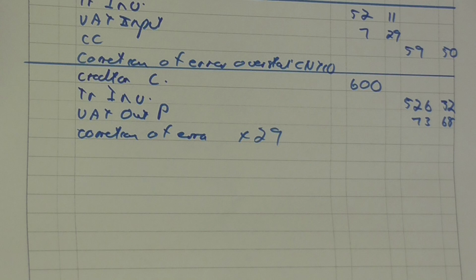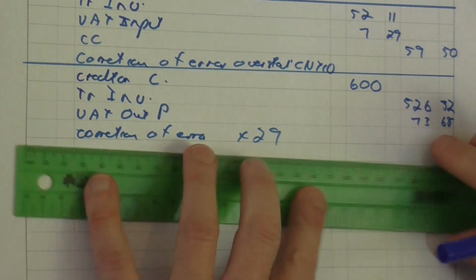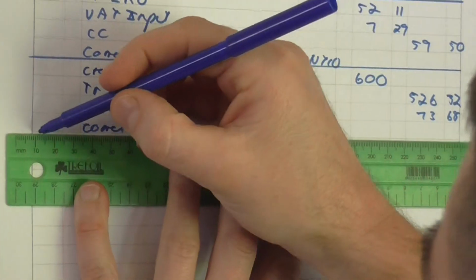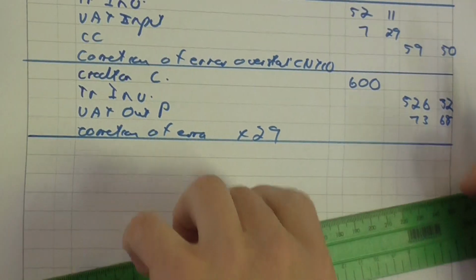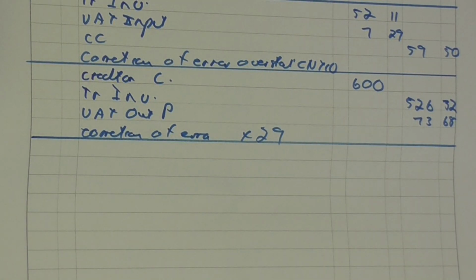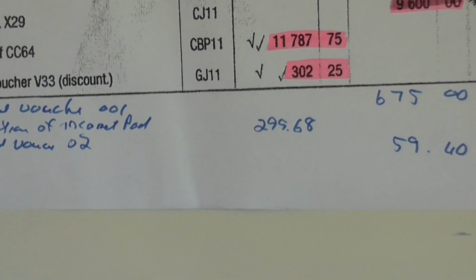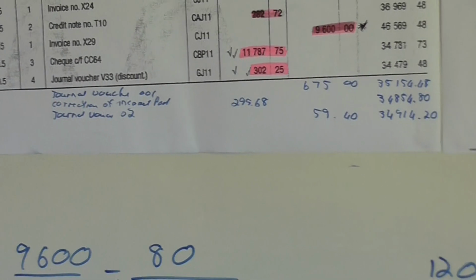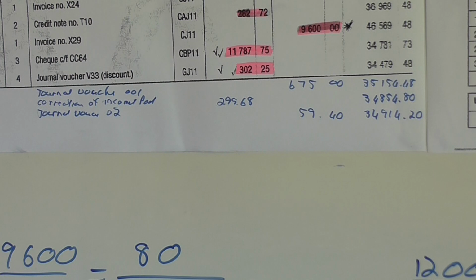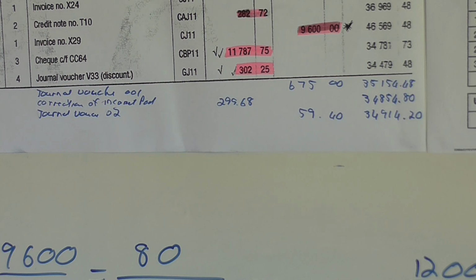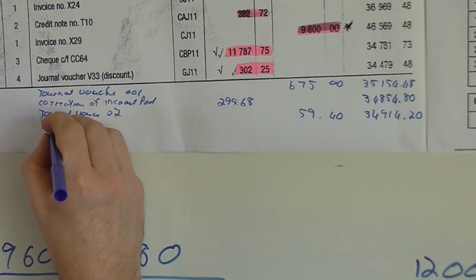Awesome. But we are not done. Remember, the moment we make a journal entry, we need to fix it in our creditors ledger. So let's go back to our creditors ledger, and then let's just put that amount in there. So this will be journal voucher 003.